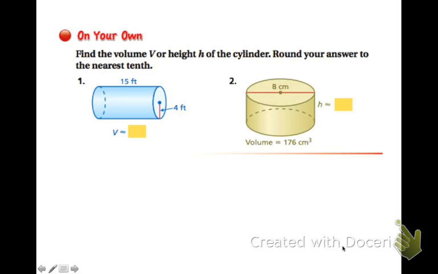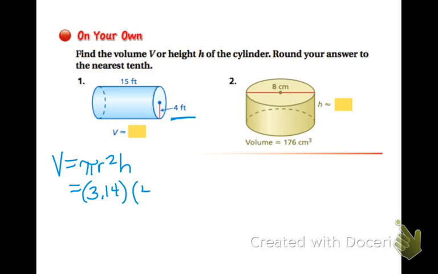Okay, let's give it a try. So we either want to find the volume or the height. And in the first one, the missing piece is the volume. So we see a radius right here. We see a height up at the top. So using the formula, volume equals pi r squared height, we'll use 3.14. R squared would be 4 squared, and then our height is 15.